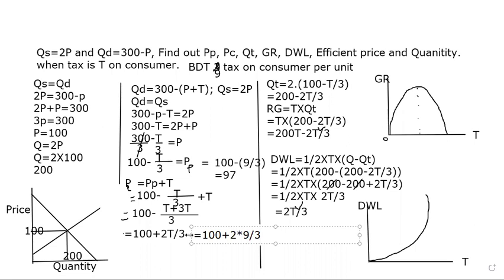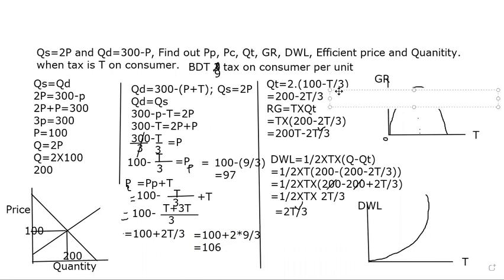So whatever the value will be, that is your consumer price. So it will be 106 taka. So 3 taka will be shared by the producer and 6 taka will be shared by the consumer. So consumer price will be 106.